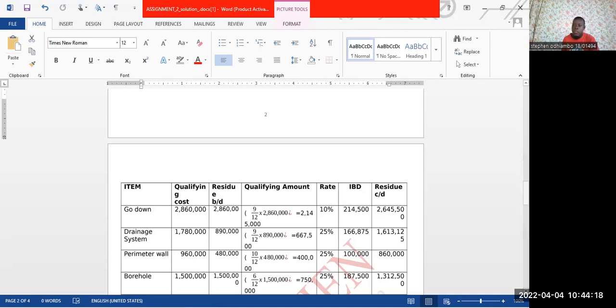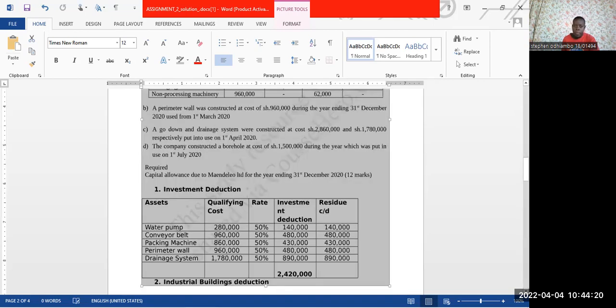A perimeter wall was constructed at a cost of 960,000 during the year ending 31st December 2020, used from 1st of March. If you start counting from March, you will find that you are going to get exactly 10 months.